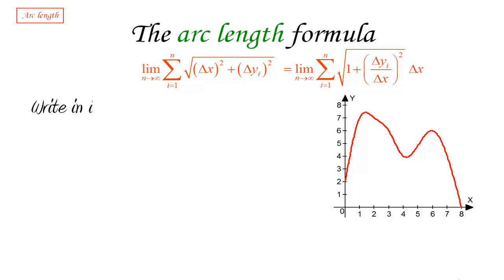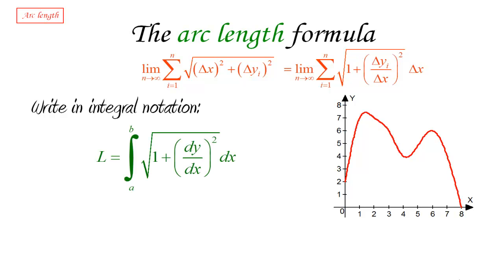All I have to do now is write it in integral notation. That's quite easy: the integral from a to b, whatever a and b are, of the square root of 1 plus, notice, delta y over delta x in the limit as n goes to infinity becomes the derivative of y with respect to x. I'm going to square that and multiply by the dx.